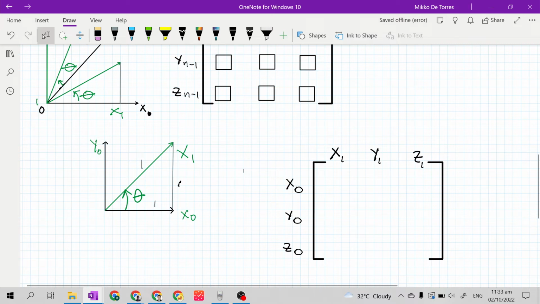Okay, so to describe the projection of x sub 1 to x sub 0, we will use a trigonometric function, the principle of SOHCAHTOA.